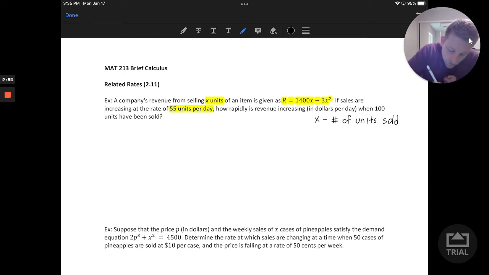And this is a rate that is going to be equal to dx/dt, the derivative of the x variable with respect to time. It's a little bit new for us, but dx/dt is going to be the change in the units per our time measurement t. In this case, it's days. Time is measured in days in this question. So dx/dt is the rate of change of that production, 55 units per day. So we can say dx/dt is 55 units per day.